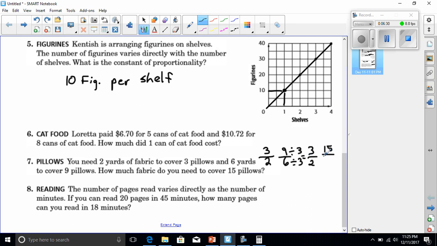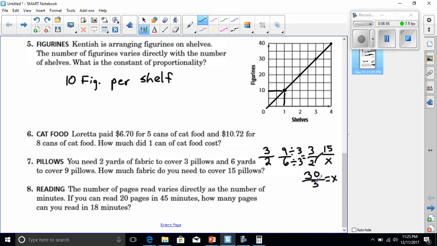Well, let's see. I like to look at it as a good way of doing your cross multiplication because we're trying to find what x is. Now, if we take 2 and multiply it by 15, that gives us 30. And if we divide 30 by 3, that will give us what x is.